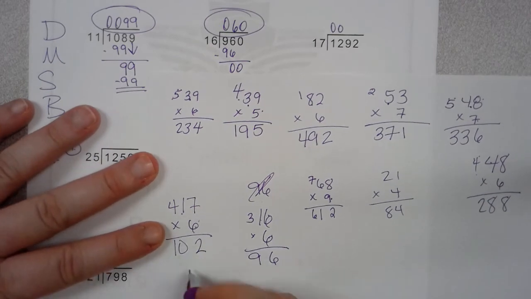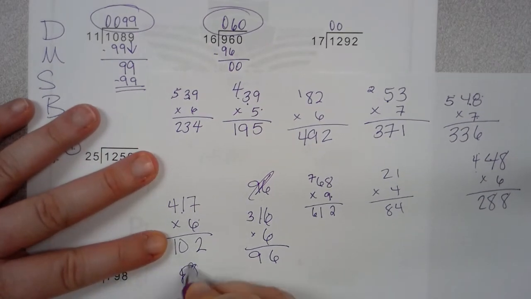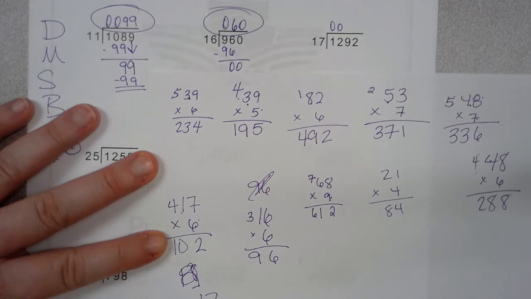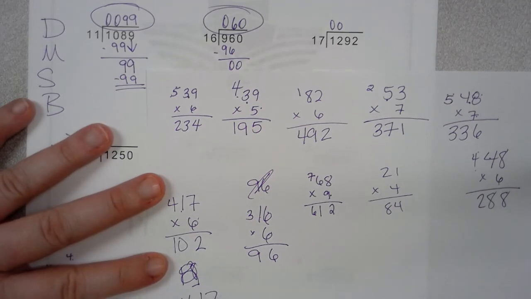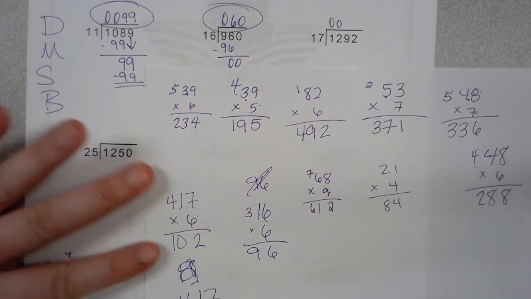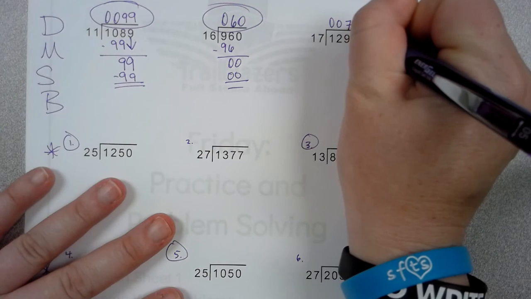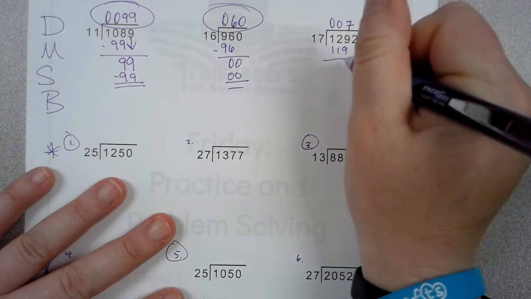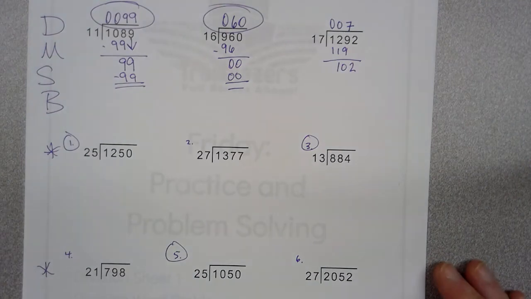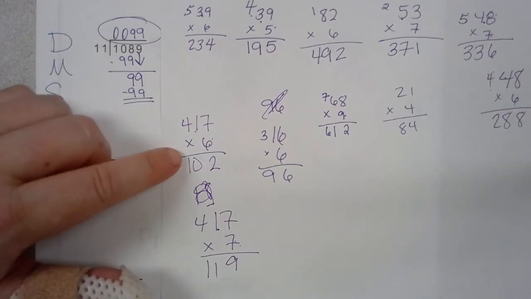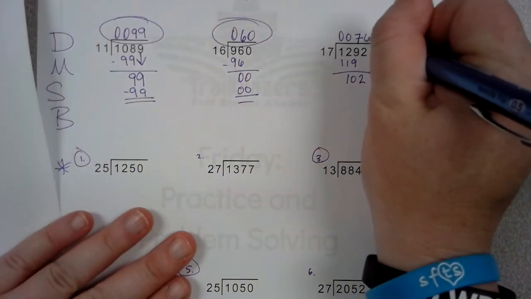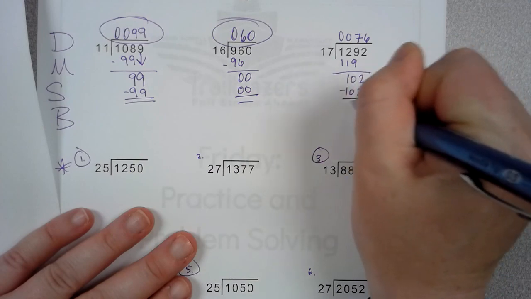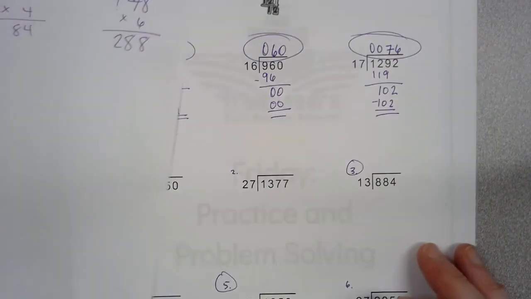Let's try again because it may be a little bigger. Okay, 7 times 7 is 49. 7 times 1 is 7, plus 4 is 11. There we go, that's closer. So 7. Ooh, when we subtracted, we got 102. And looky right here, we already did that. How many times? 6 times. I knew I was doing that the whole time, guys.